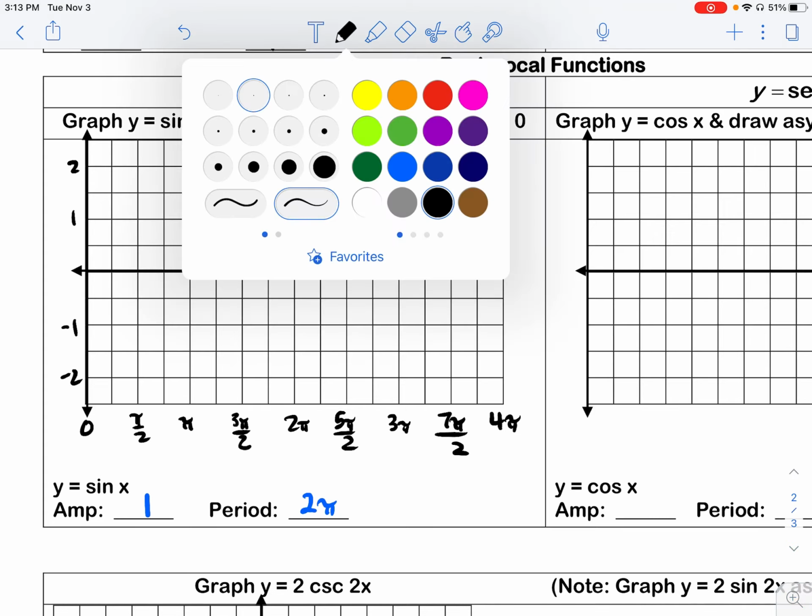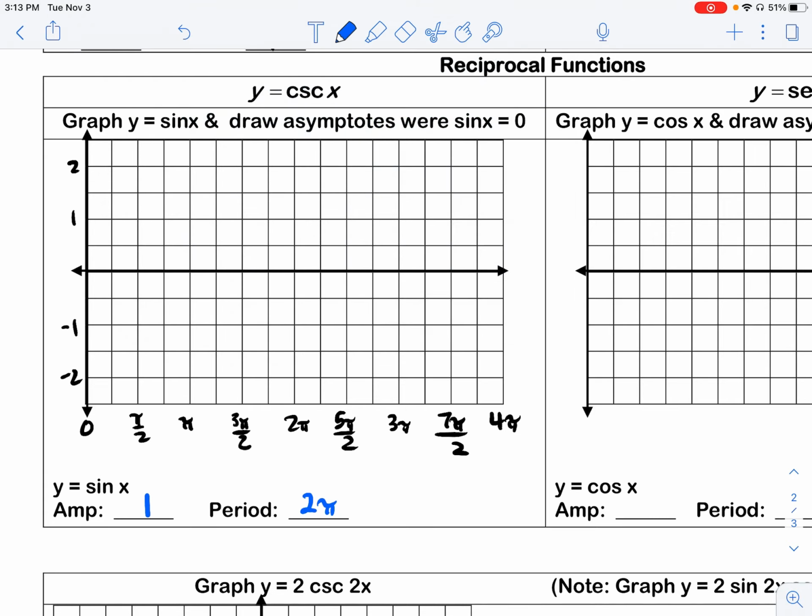And right now I'm graphing sine. That's the key thing to remember. I'm going to do it in a dotted line just so that you can see generally what the shape is, because I'm using this as a guide in order to graph cosecant. For sine, I should remember that it goes intercept, maximum, intercept, minimum, intercept.